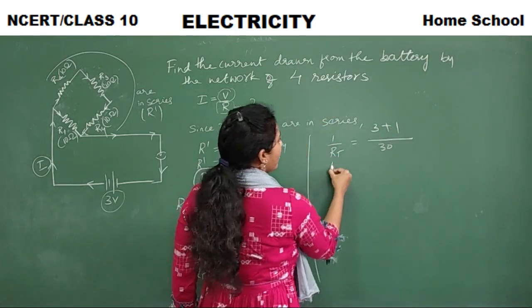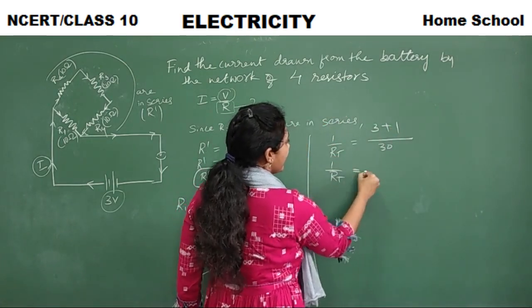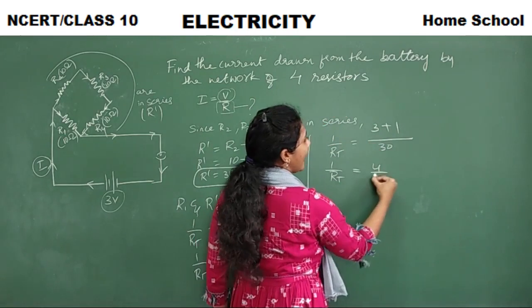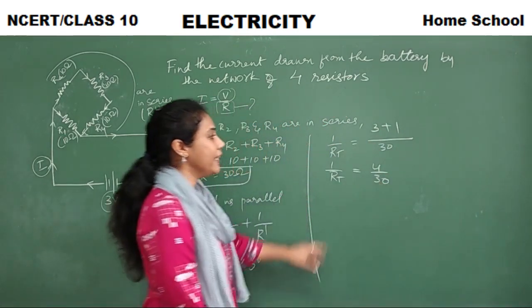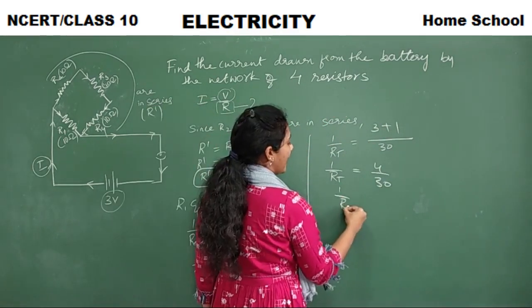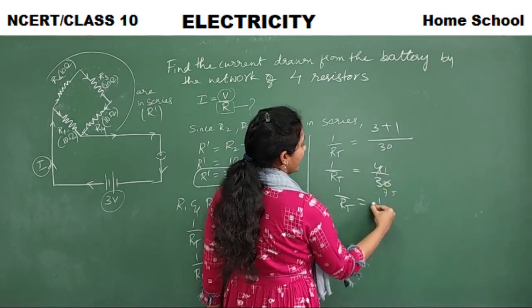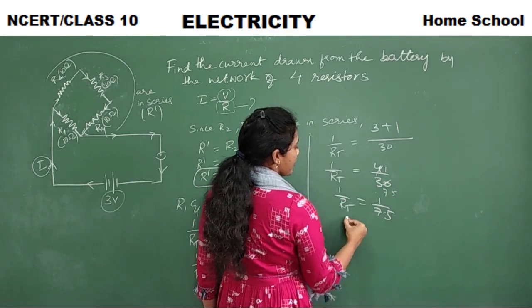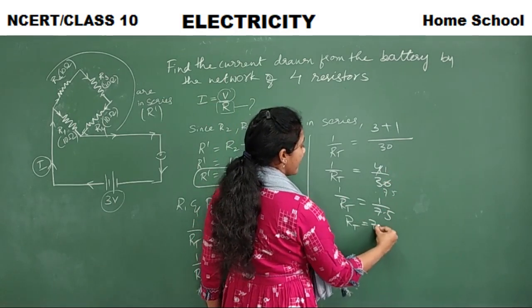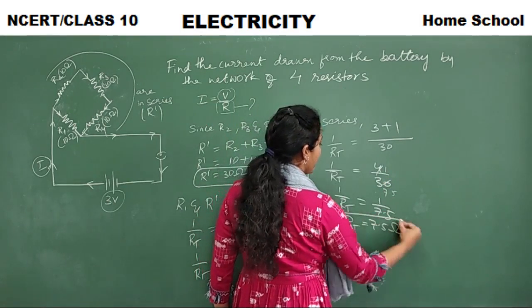So what do you get? 1 by RT is equal to 4 by 30. What do you get? RT is equal to 7.5 ohms you would be getting.